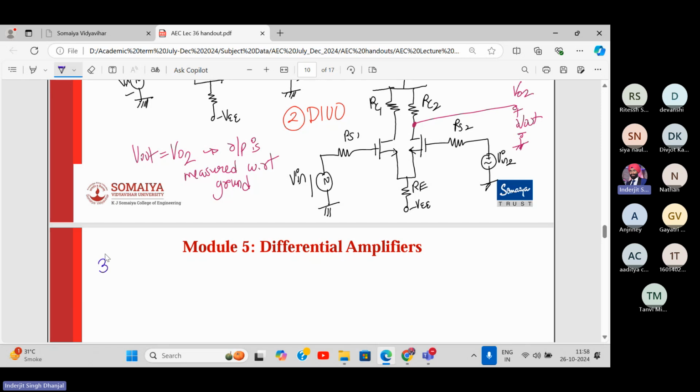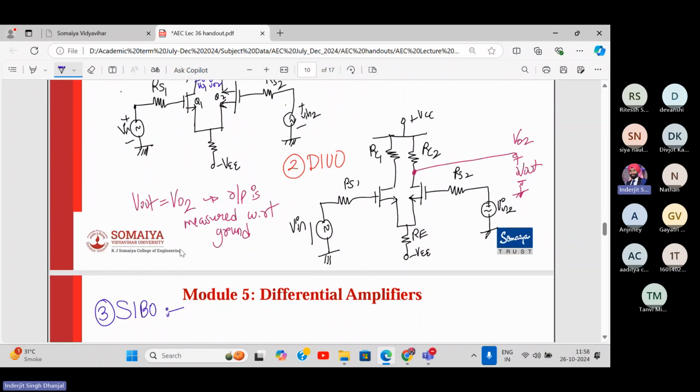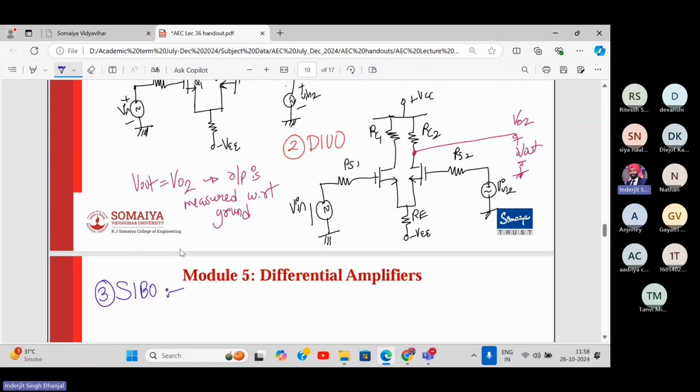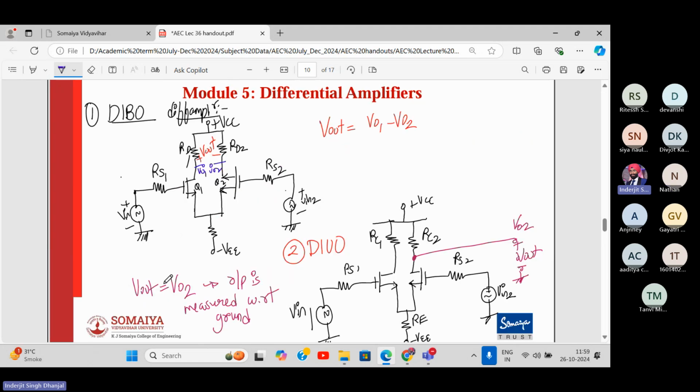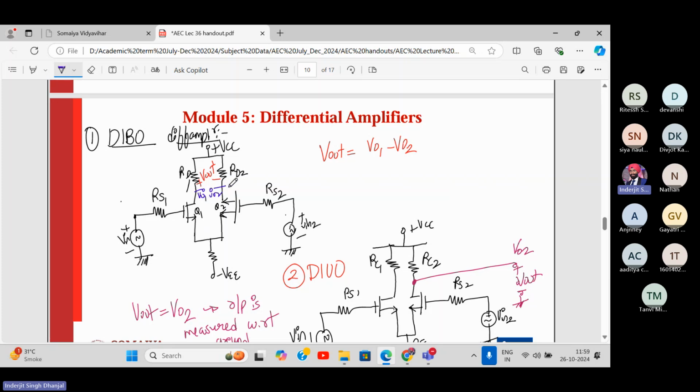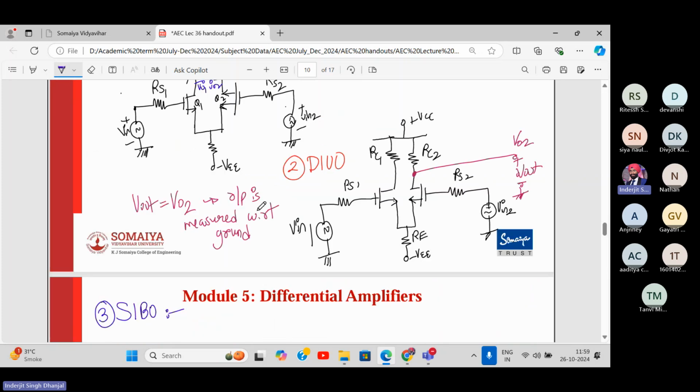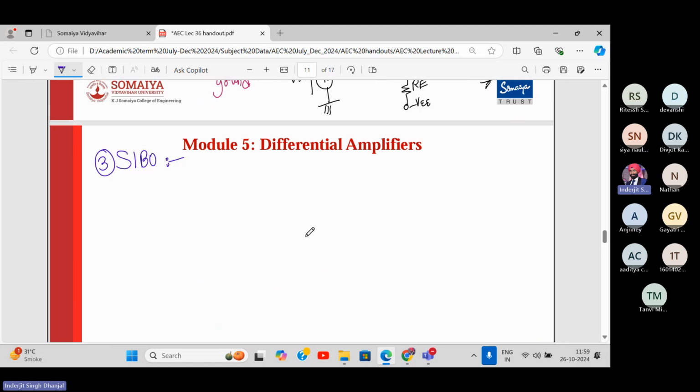All right. So SIBO. This is single input balanced output. So the output will be as this, and the input will be only one applied. Okay, let me show it to you. So let's draw a differential amplifier again.